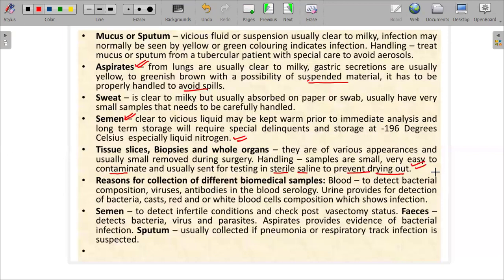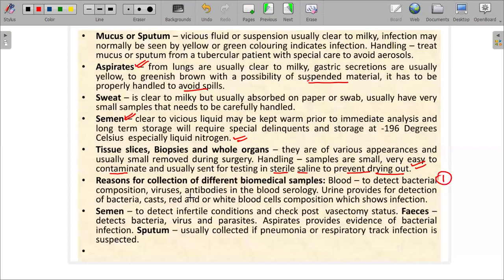Reasons for collection of different biomedical samples. One, blood can be collected to detect or identify bacterial composition. That is reason number one, bacterial contamination.